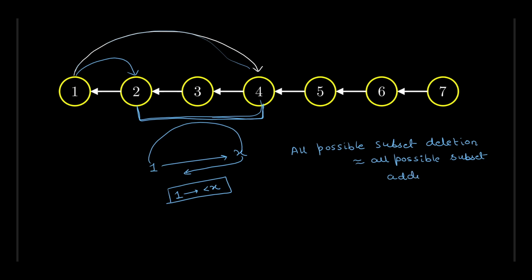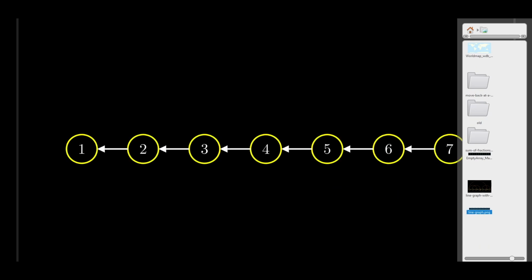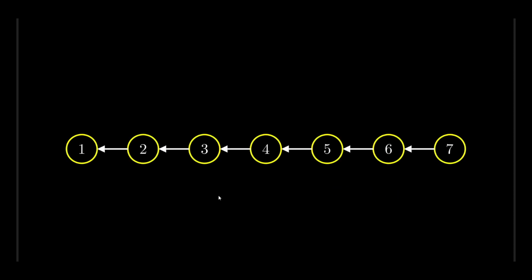So now that we have simplified the problem, let's look at what happens when you incrementally add one orange edge to this starting graph. Let's look at the first edge that you might add.